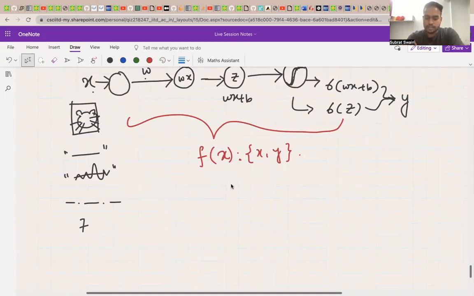Suppose you have a cat image labeled as cat, and a dog image labeled as dog. How do you define the relationship between the dog image and its label dog? You cannot plot these things, right? Because these are very high dimensional.